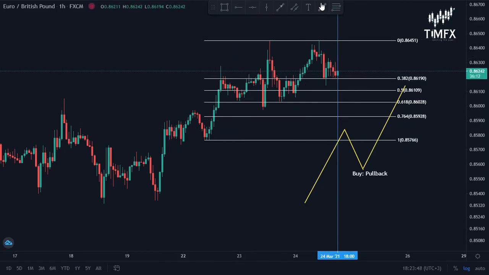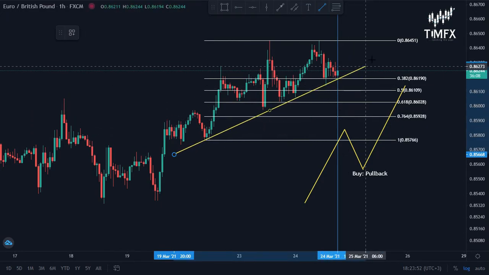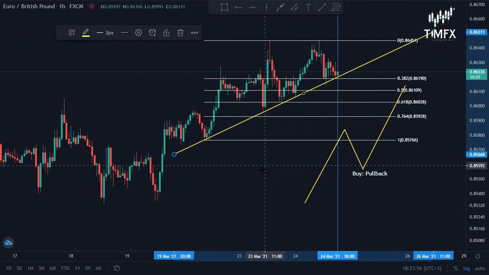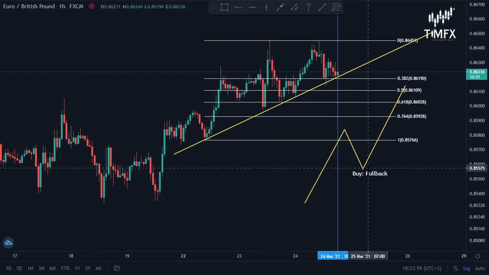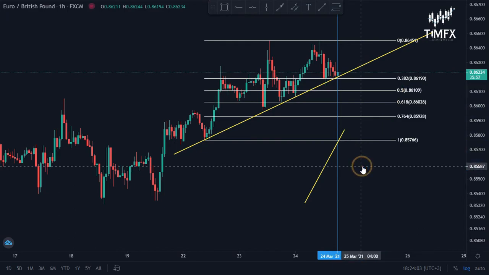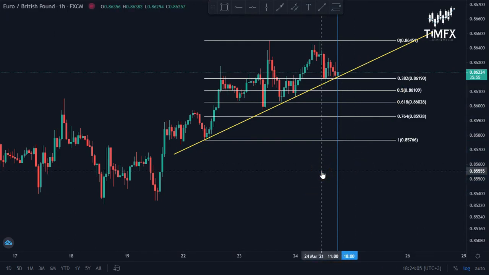So let's add our trend line. We can draw a trend line from here to, okay, this is good. We can just draw it here to this point. So I think I can delete this, it's not needed any longer. Okay, and I can delete this.